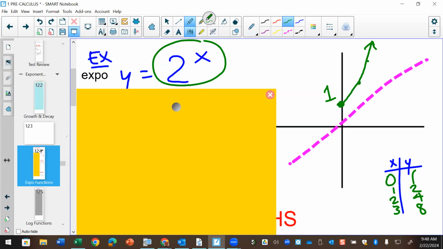Now, show your skills. What if instead of 1, 2, and 3, I asked you to put in -1, -2, -3? What's 2 to the -1? Negative exponent means flip. So it's not 2 over 1 anymore, it's 1 over 2.